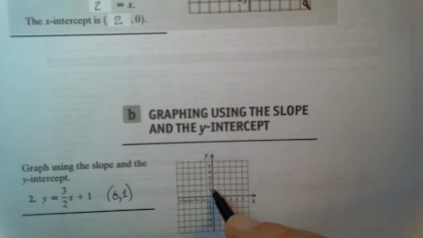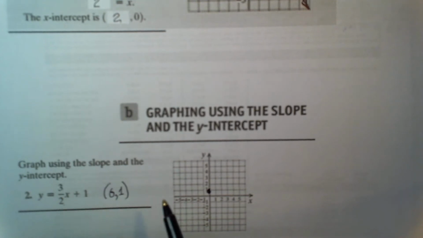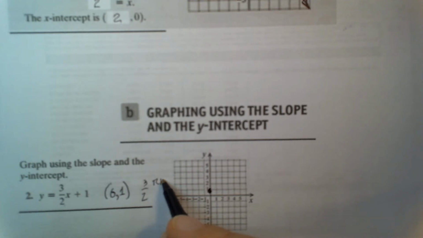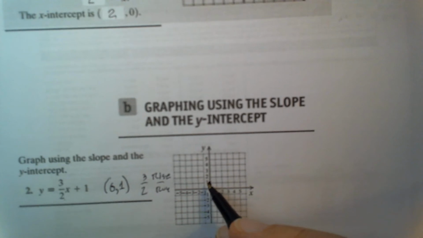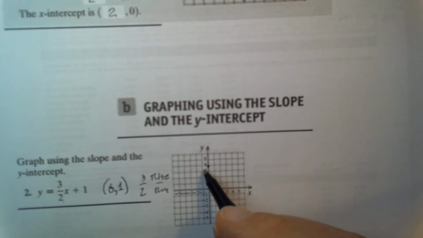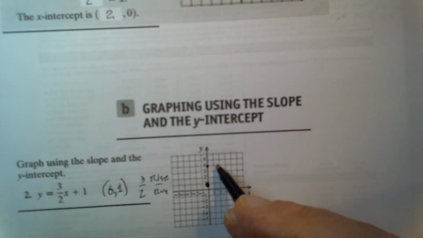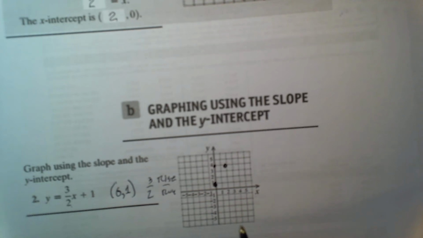That would be right here, the y-intercept. Now rise over run, 3 divided by 2: 3 is the rise, and 2 is the run. So we go up 3, 1, 2, 3, and then the run is 2, so we go 2 to the right. Here's the other point, and now we graph a line through these two points.